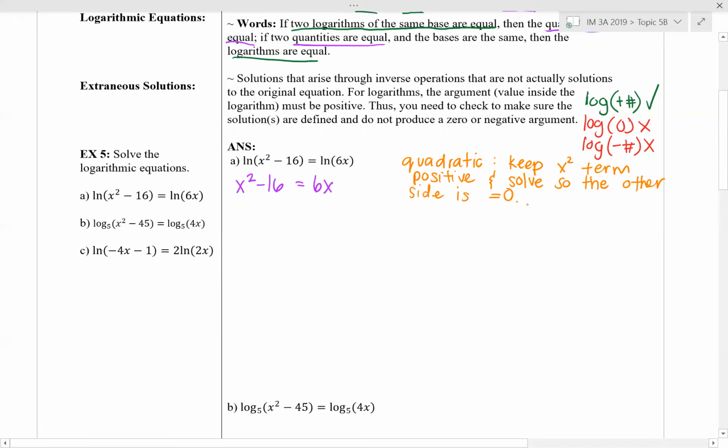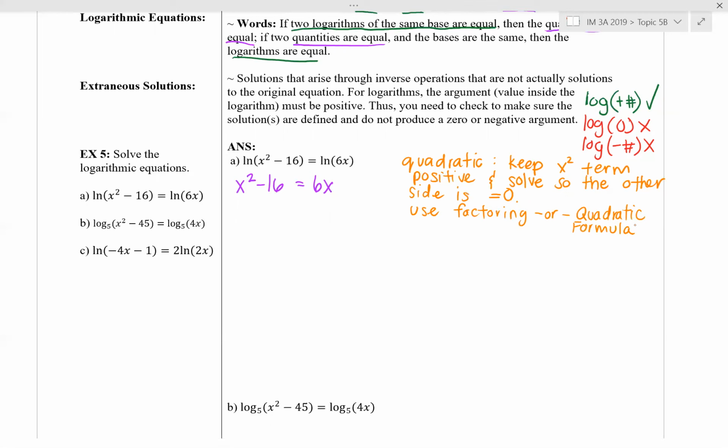Then we're going to use factoring, or if you wanted to, we could use the quadratic formula to get the answers. If you are wary of factoring, you can always use the quadratic formula, and that will work each time.